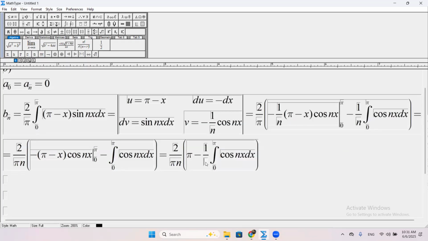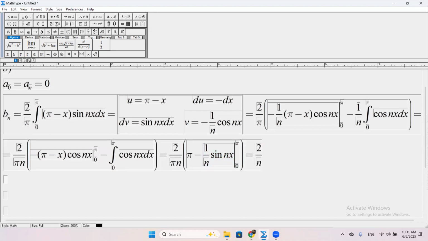It will be equal 1 over n sine of nx with the substitutions from 0 to p. And this integral will be equal p. So this part will be equal 0. So the answer will be 2 over n.